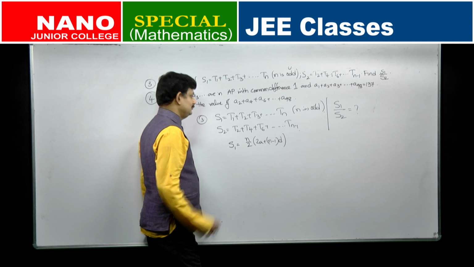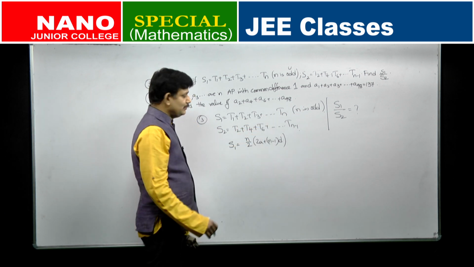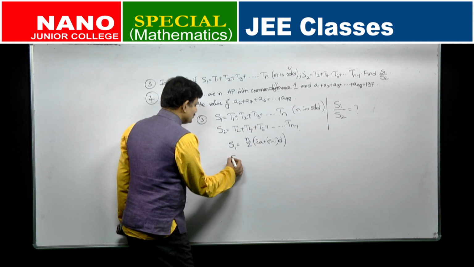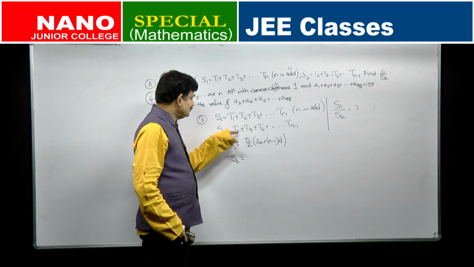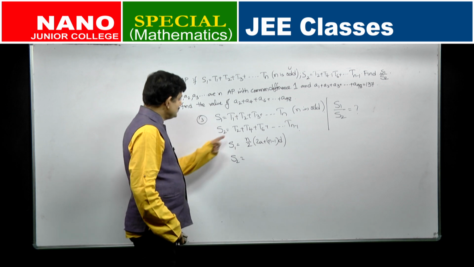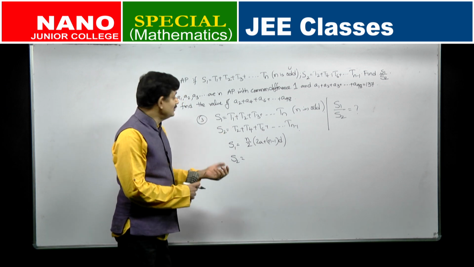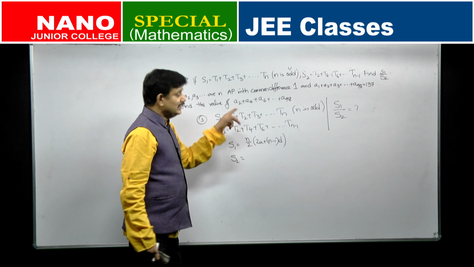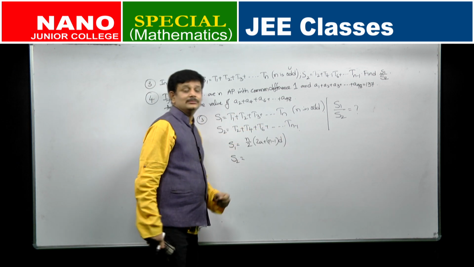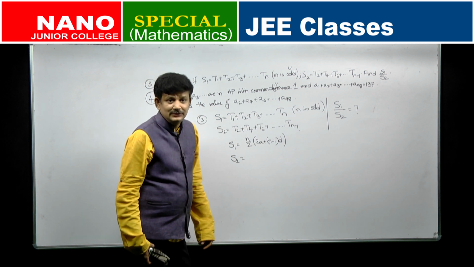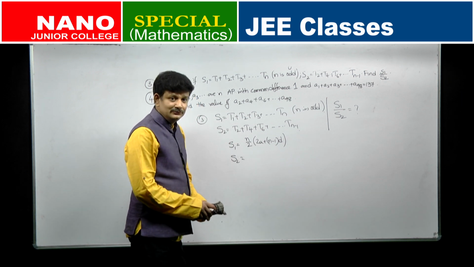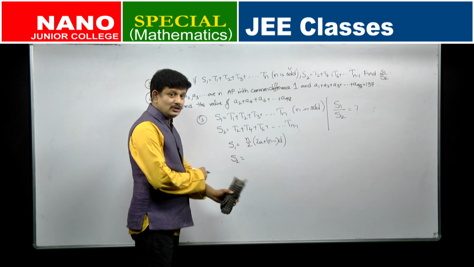So, this will be S1, sum to n terms of an AP, where n is given to be odd, no problem. So, what is S2 for you? Here not all terms are given. Our series is starting from where? T2, then it is not T3, then it is T4, then T6, then so on, next term, yes or no? So, what can you say about this series? Is this an AP? If you observe closely, this is also an AP.